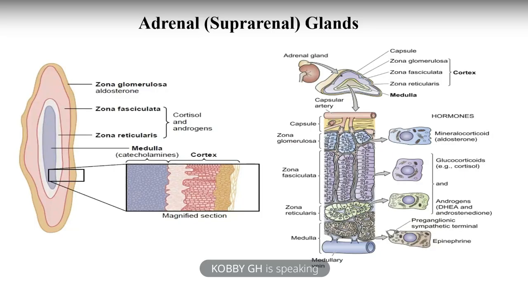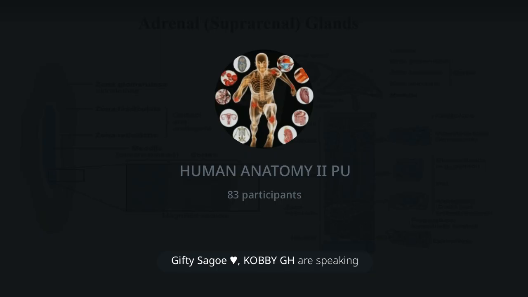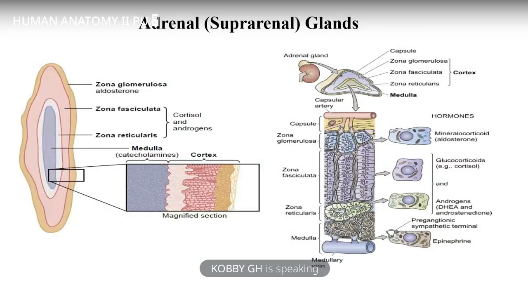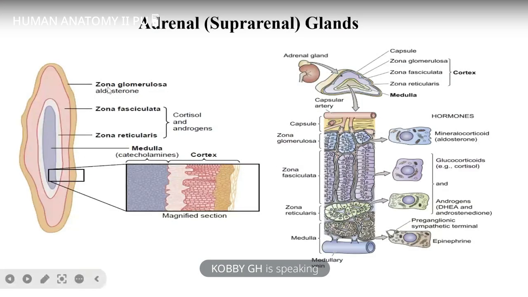What are they? The adrenal medulla and the adrenal cortex. Excellent. Now, what are the divisions of the adrenal cortex?